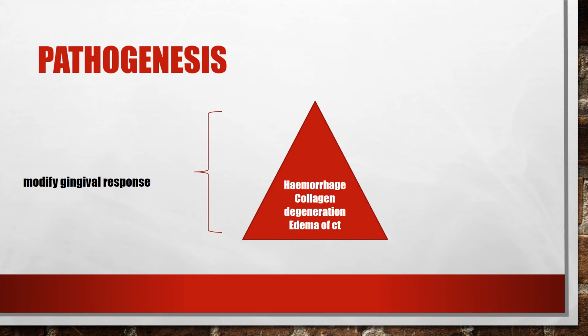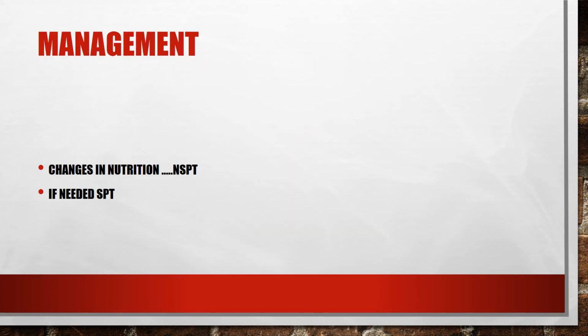Pathogenesis, as we said before, the three main factors associated with vitamin C deficiency are hemorrhage, collagen degeneration and edema of gingival connective tissue. Management: as we know it is vitamin C deficiency, so there should be diet counseling, that is changes in nutrition, you have to include more vitamin C containing food, and along with that non-surgical periodontal therapy, that is removal of causative factors, and if needed supportive periodontal therapy.